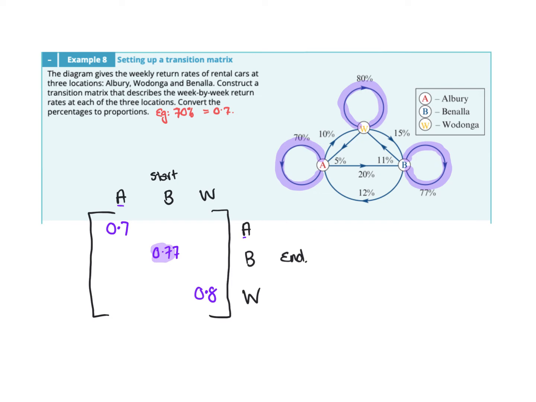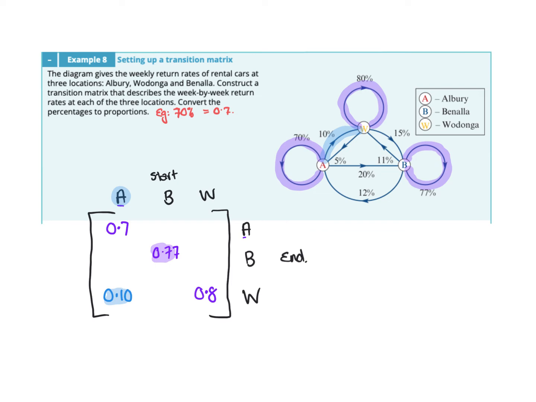So I'm going to start at A, and if I follow this arrow here, starting at A but going to W, that's here, that's 10%, so I'm going to change it to 0.10.